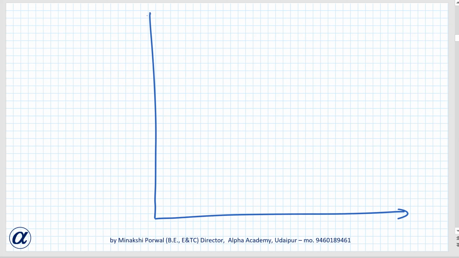x is greater than or equal to 0, y is greater than or equal to 0. Plot these two equations.